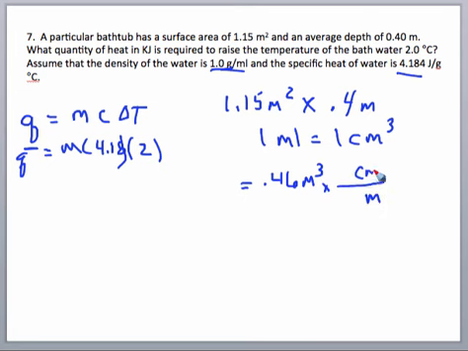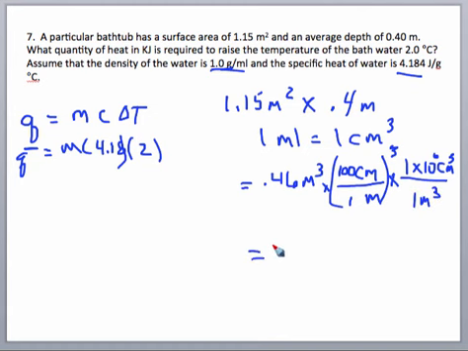There's 100 centimeters in 1 meter, but remember, we need those cubed. So 100 cubed is going to be 1 times 10 to the 6th centimeters cubed. 1 meter cubed is 1 meter cubed. So when we do that math, again, we'll get a fairly large number, 460,000 cubic centimeters, which is equal to milliliters.